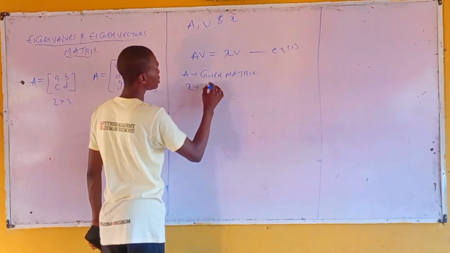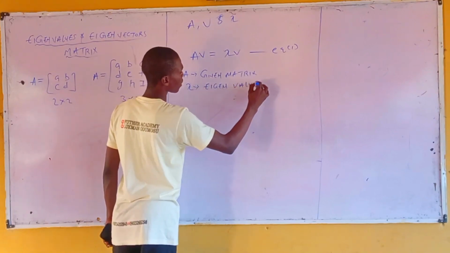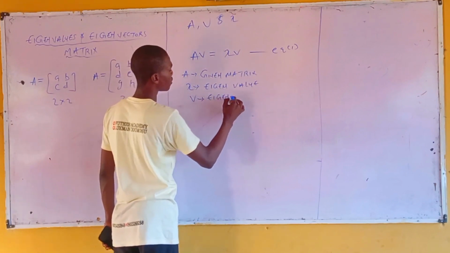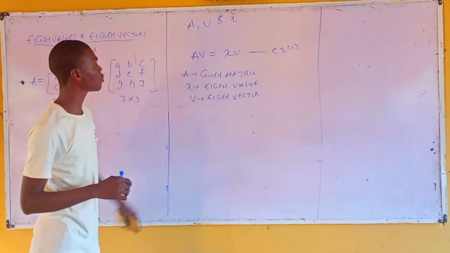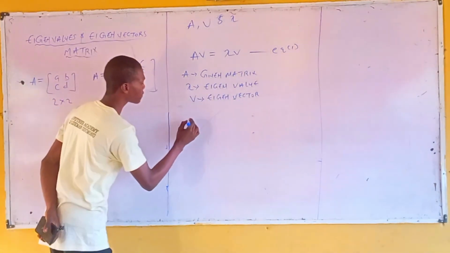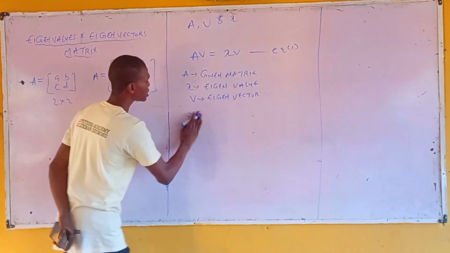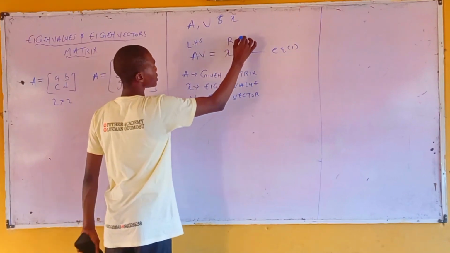lambda is the eigenvalue, then V is the eigenvector. Alright, from equation 1, we can derive this. This is the left hand side, and this is the right hand side.